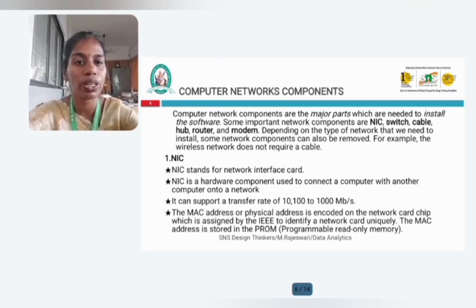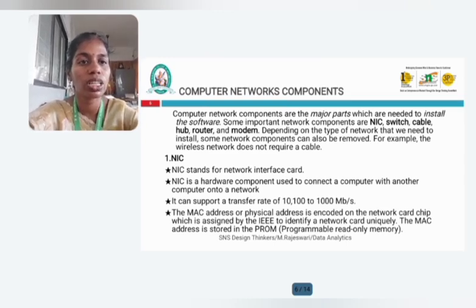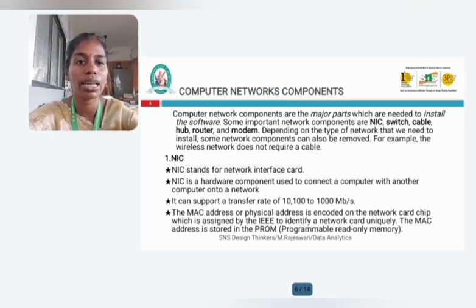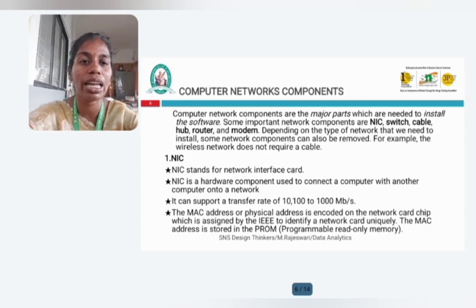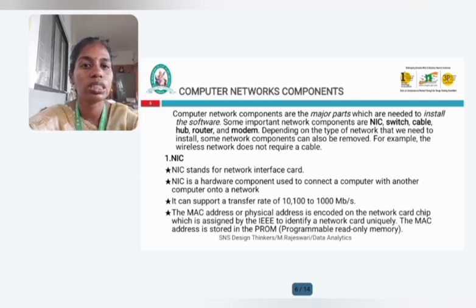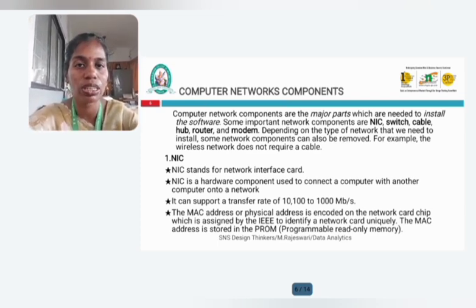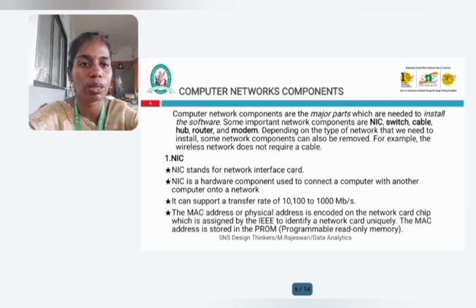This is mainly known as the MAC address. It is encoded on the network card chip, and it is assigned by the IEEE. We store this address in the PROM, that is programmable read-only memory. So in this memory our physical address will be stored. Okay, clear?